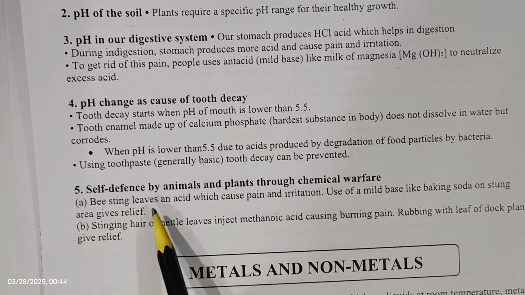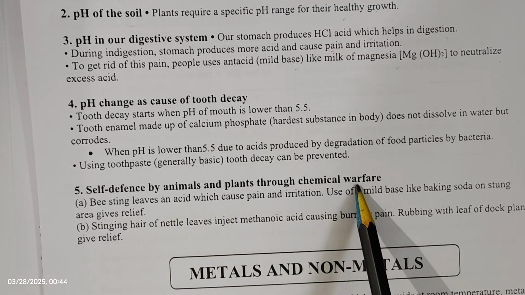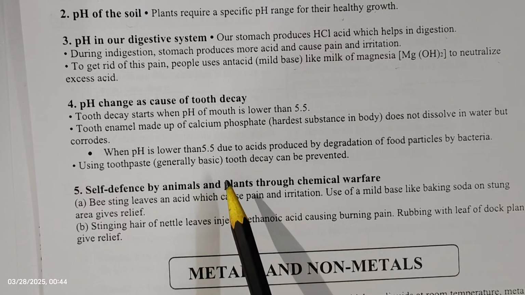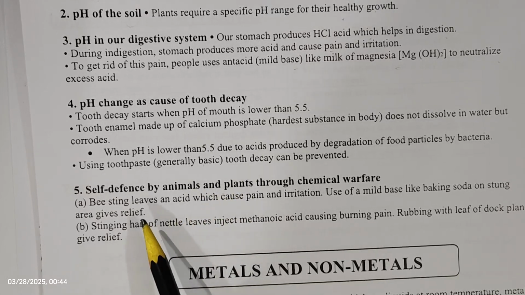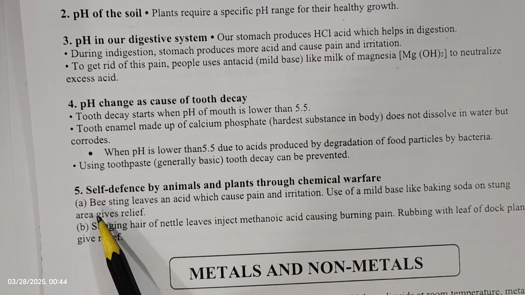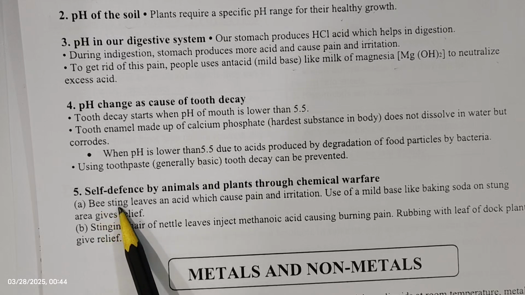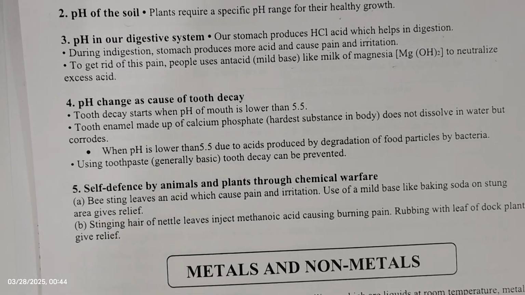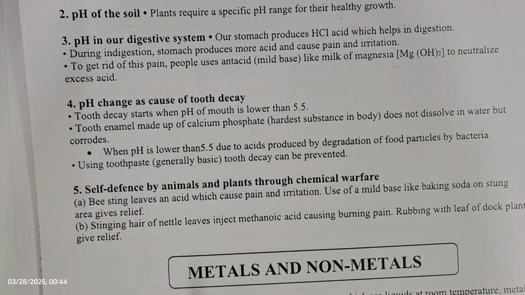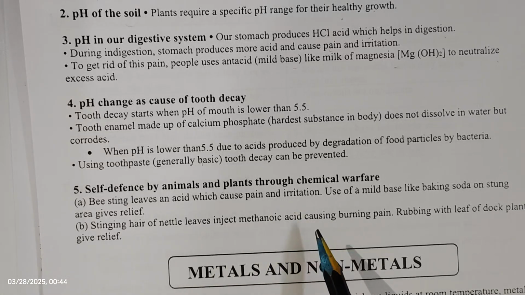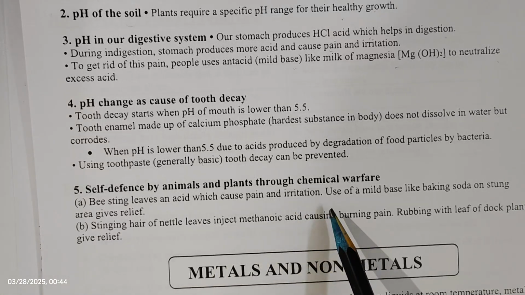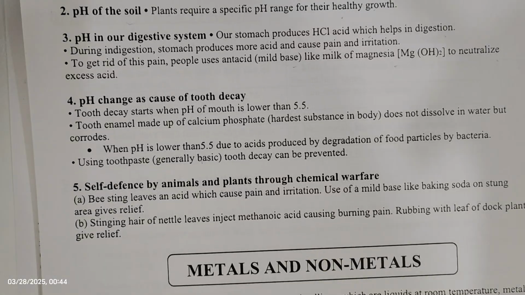The next one is self-defense by animals and plants through chemical warfare. Some animals, like bees, produce methanoic acid. When they sting, they inject methanoic acid, which acts as a defense mechanism.